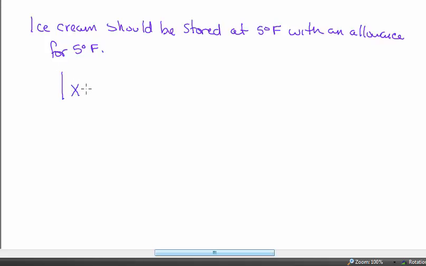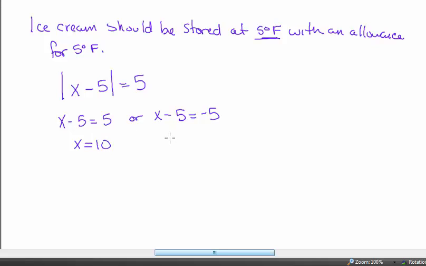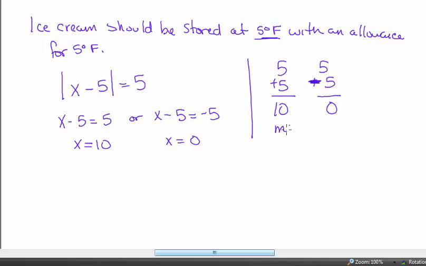So our temperature minus our 5 degree allowance should be our ideal temperature of 5 degrees. So x minus 5 equals 5, or x minus 5 equals negative 5, giving me x equals 10 or x equals 0. Again, the easy way, I take 5 and I subtract 5 and I add 5 to get a 10 max and a 0 min.